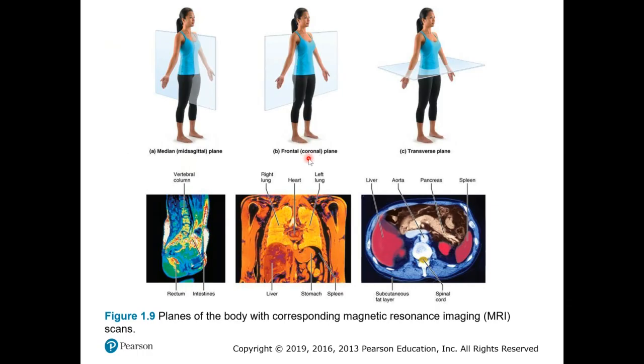It's called a frontal or sometimes coronal plane, where you have an anterior and a posterior portion. And then 90 degrees to the long axis is transverse. And here is some MRI pictures resulting from these same cuts. And you see that they give us very different pictures of the inside of the body.